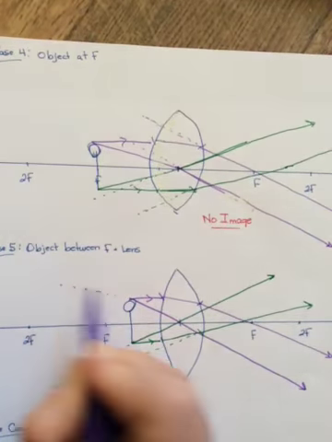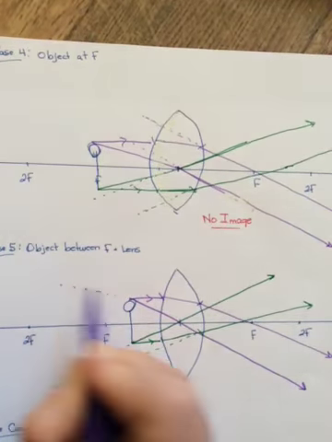It doesn't bend at all, so a ray going through the optical center will go straight through. From the bottom, a ray going through the optical center will go straight through.